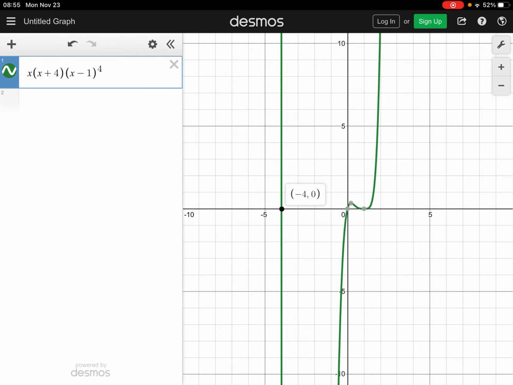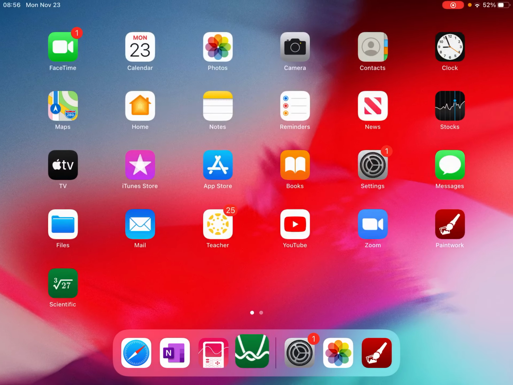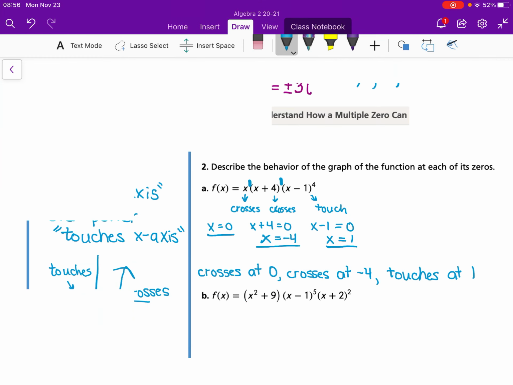It crosses, so it was above and then goes below at negative 4. It touches at 0, so it was below and then it goes up, although it doesn't go up very far because then it immediately comes back down to 1, but bounces back off of it. So sometimes people use the word bounce. So like a ball, it's going to hit it and then bounce back. That happens at an even power.